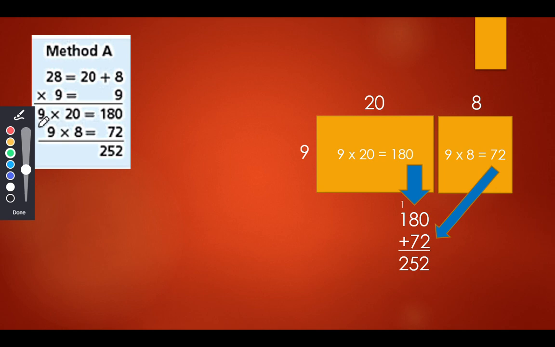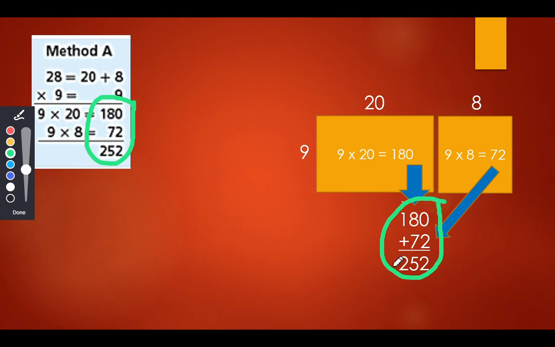And now we've written the 9 times 20 equals 180 here. And then in the other box, we've got a 9 times 8 equals 72. We can find that right there. And then finally, we can add up our partial products to find a total product.